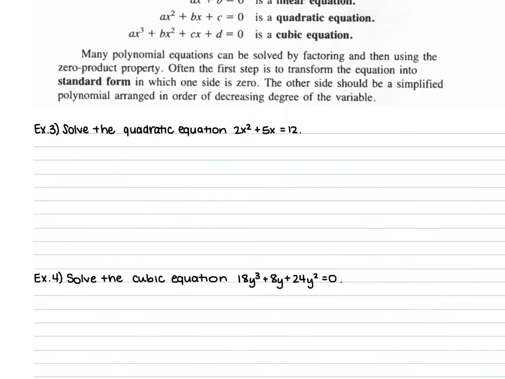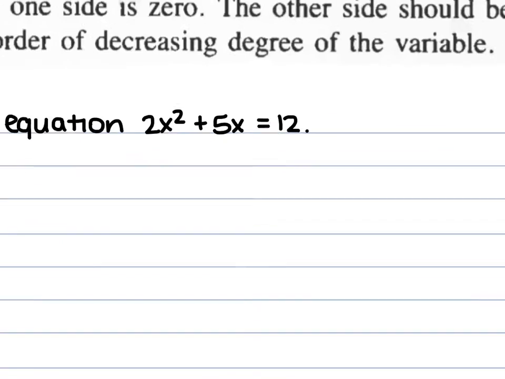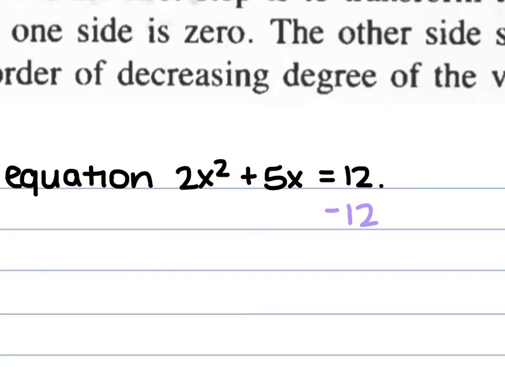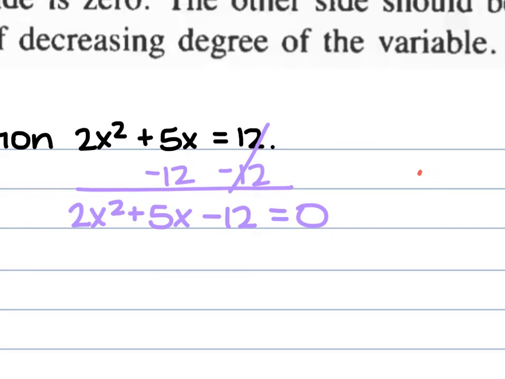For our next example, we have 2x squared plus 5x is equal to 12. We want to make sure that our equation is equal to 0. So we're going to move that 12 over by subtracting it. This is going to leave us with 2x squared plus 5x minus 12 is equal to 0. We have an a that's not 1, so we're going to multiply that 2 with that negative 12, and we get negative 24.